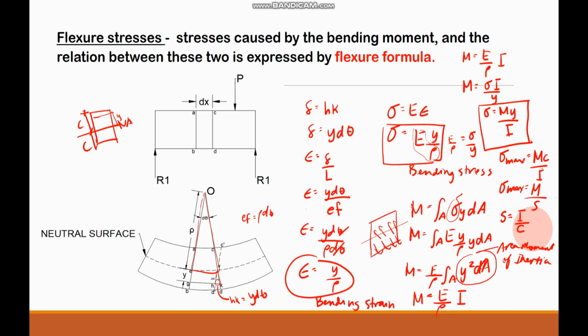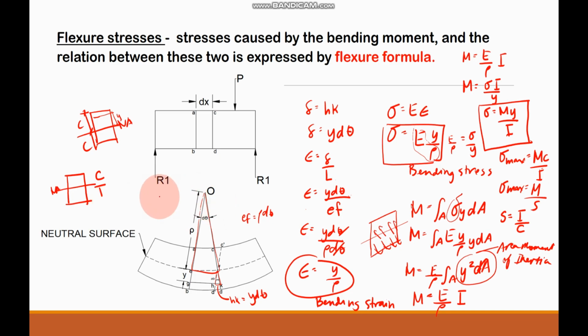I repeat, positive bending moment causes negative compression above the neutral axis, and below the neutral axis is tension, caused by positive stress.